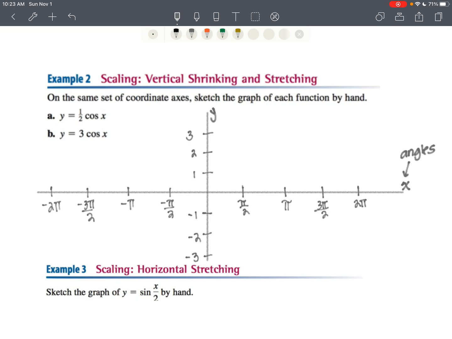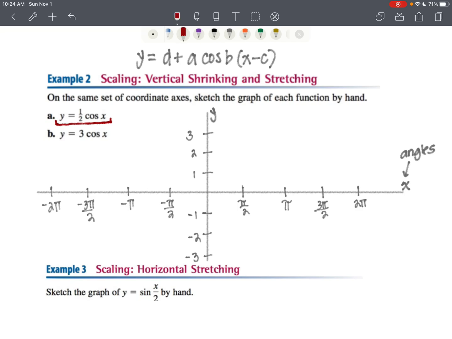Let's start with y equals 1/2 cosine of x. Now, if you studied from the last video, you know how to graph the cosine of x. It starts at its maximum, it ends at its maximum, halfway between it's at its minimum. So we have this y equals d plus a times the cosine of b times x minus c in parentheses.